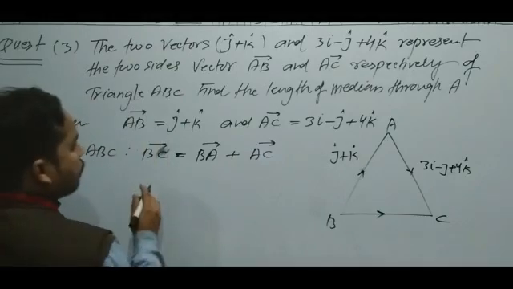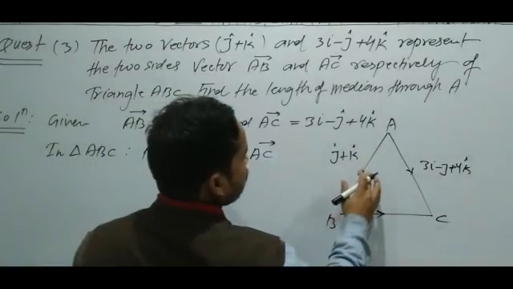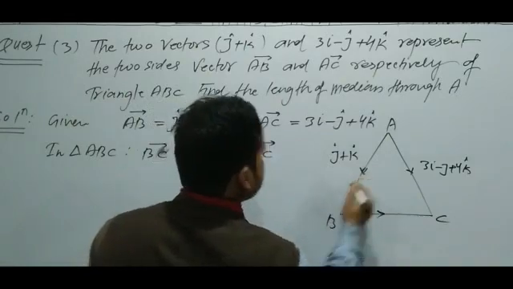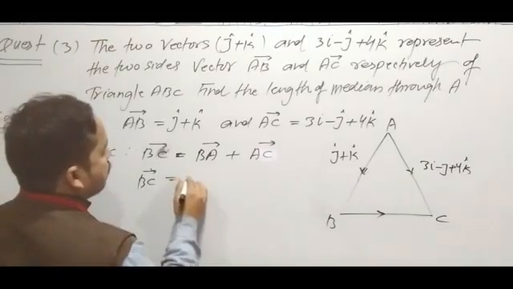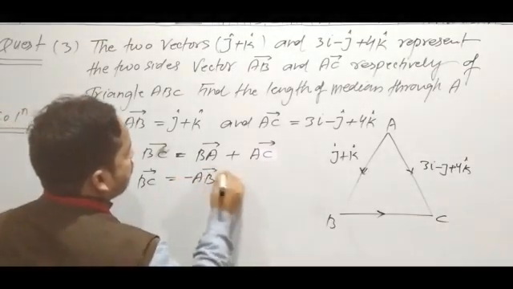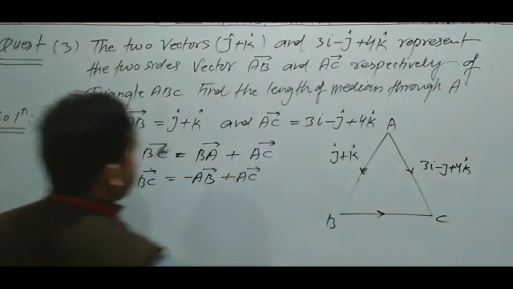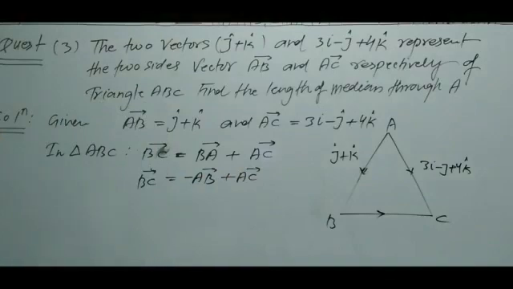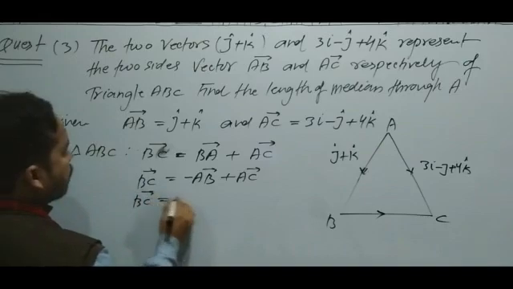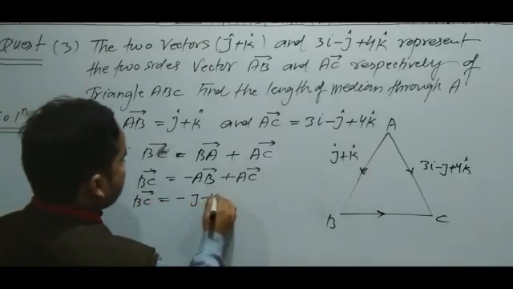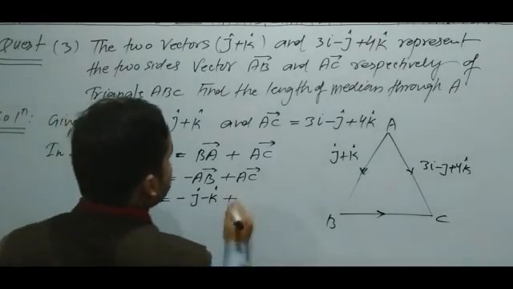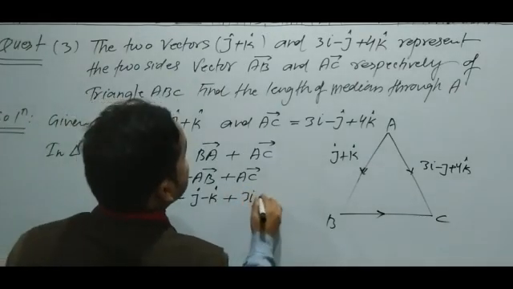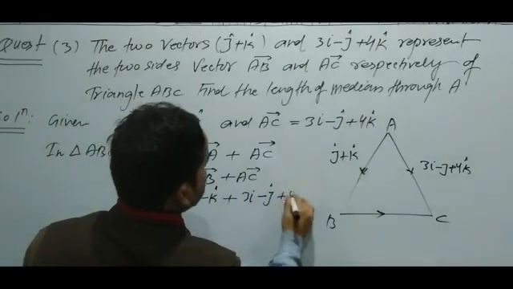So BC is minus AB plus AC, that is minus j minus k plus 3i minus j plus 4k.